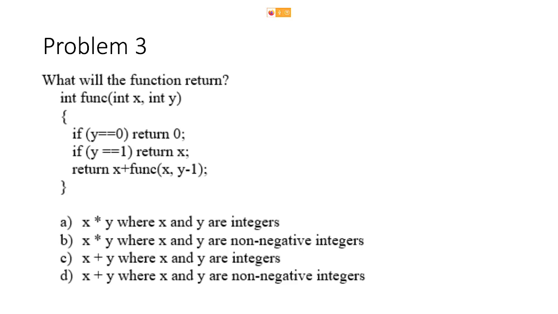If you do not have any base conditions, then it can run infinitely, there is no condition which will ever stop it from executing. So a base condition is very important, and the first and second statements are the base cases, and this is the recursive function call. Is the question clear?